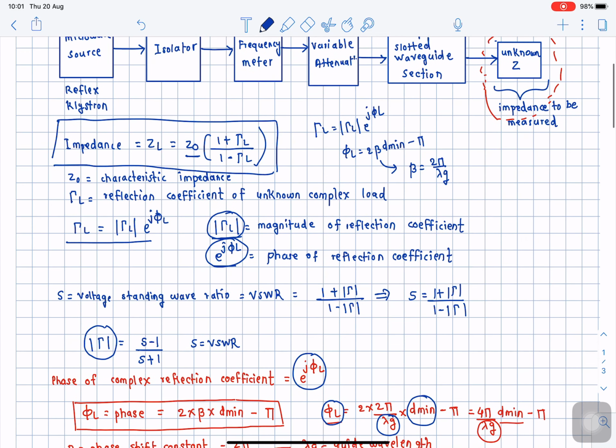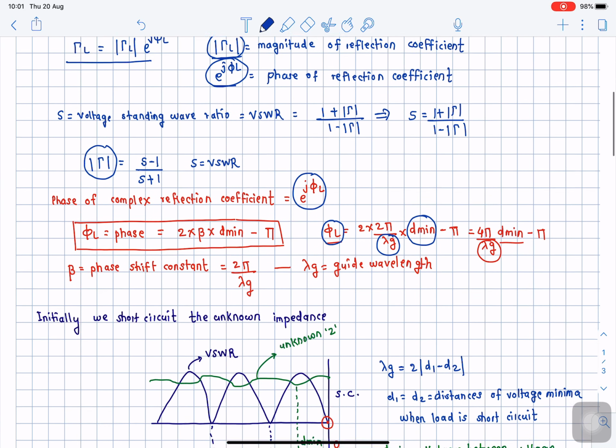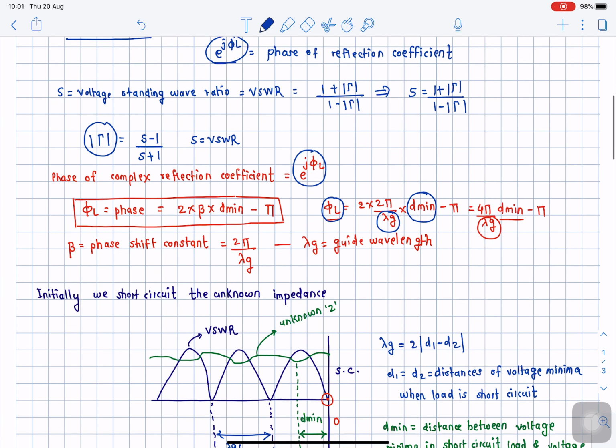The phase is calculated by knowing the guide wavelength and the minimum distance d. The beta value can be calculated from the guide wavelength, and to find the guide wavelength we need the distance between two successive minima when the load is short circuited.